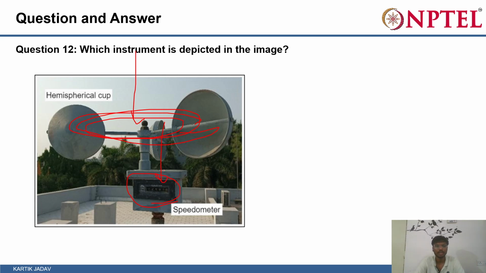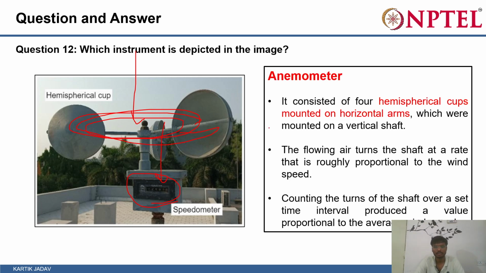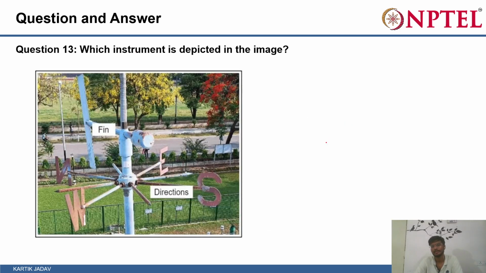And we have calibrated the distance for this revolution. By calculating how much rotation there was and dividing it by time, we get wind velocity.